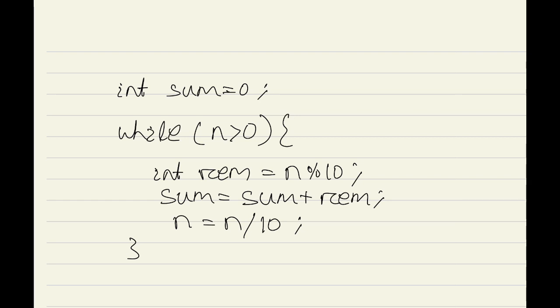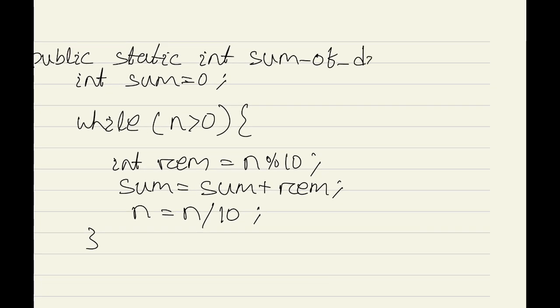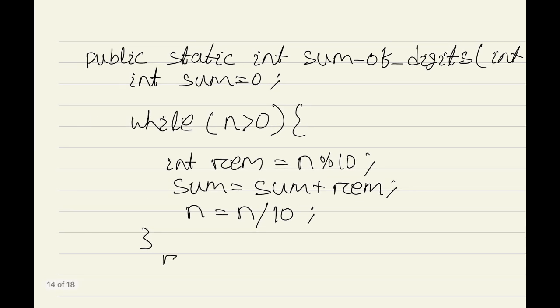Okay, now we can write a complete method for this. Public static int, assume the method name is sum_of_digits, then the parameter is n, then here we are going to return the value of sum.